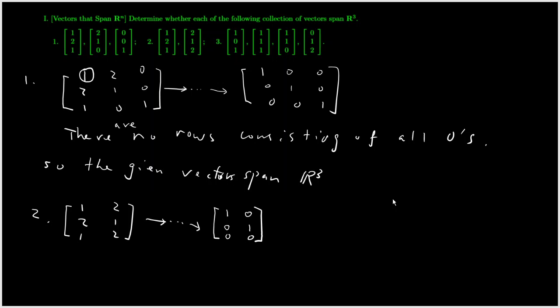Do the 2 vectors in question 2 span R3? No, they don't, right? Because there's a row consisting of all zeros, this is the case they do not span R3. For question 2, the two vectors do not span R3.